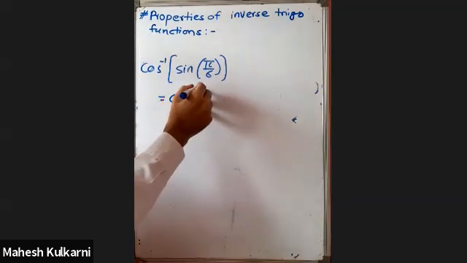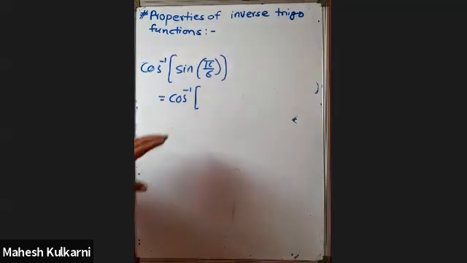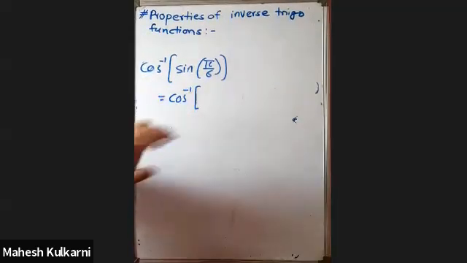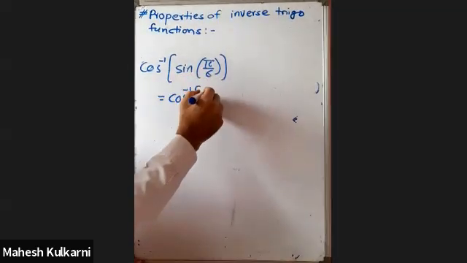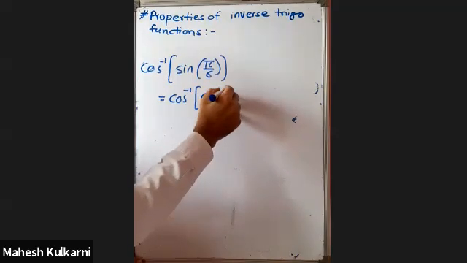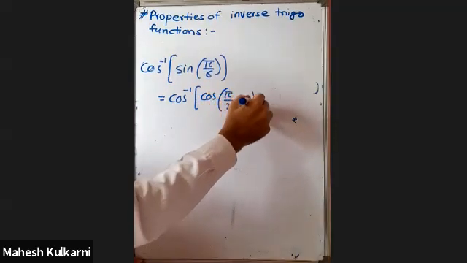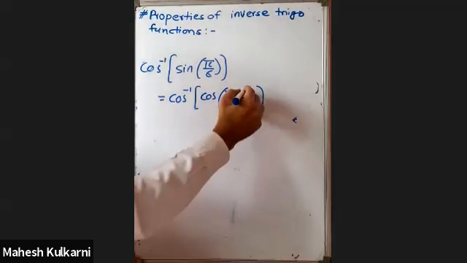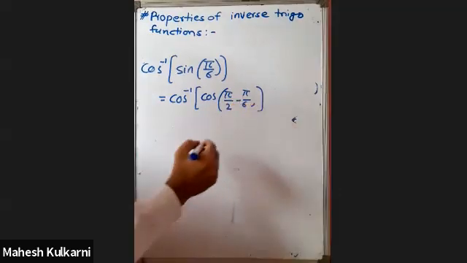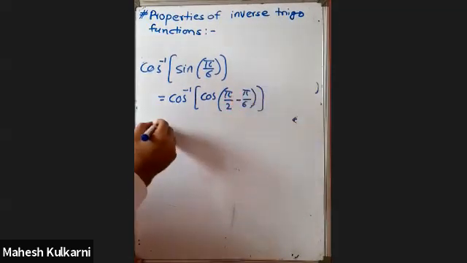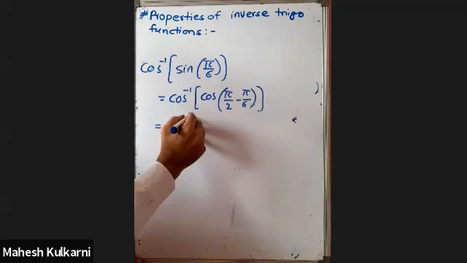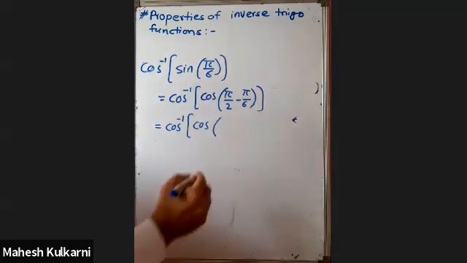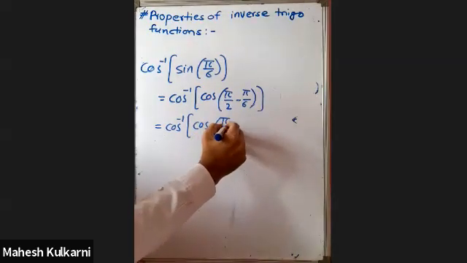So we can write this as cos inverse. Since it is sine pi by 6, first of all write this in terms of cos. Sine theta is cos of pi by 2 minus theta, here with theta as pi by 6. So it becomes cos inverse of cos of pi by 2 minus pi by 6, which is pi by 3.